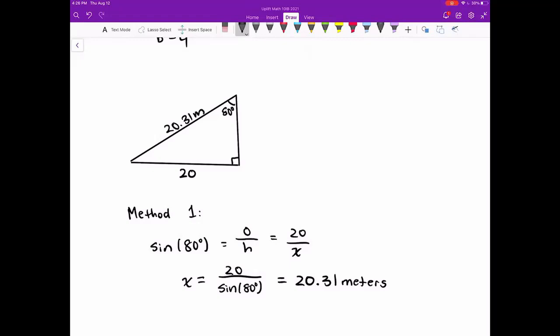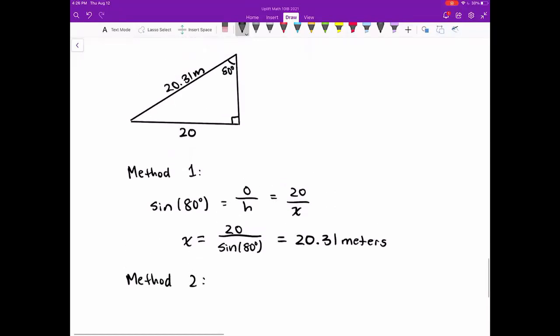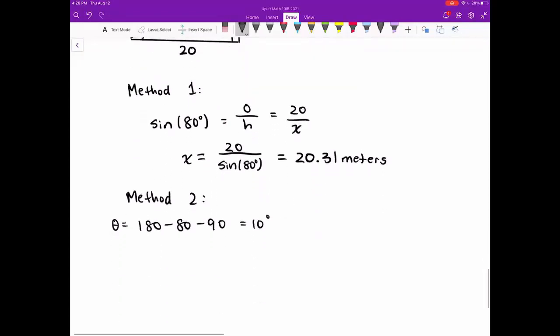And just to double check this, we can try out the other method with the cosine. We know two of the angles, so we can find the third one: 180 minus 80 minus 90. So it's 10 degrees, theta. So we can say cosine theta, which is cosine 10 degrees, is equal to the adjacent over the hypotenuse, and the adjacent is 20 and the hypotenuse is unknown.